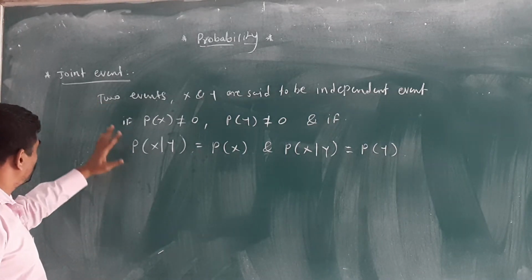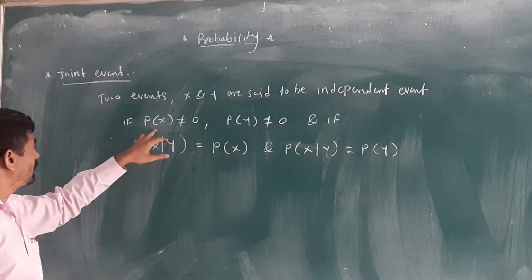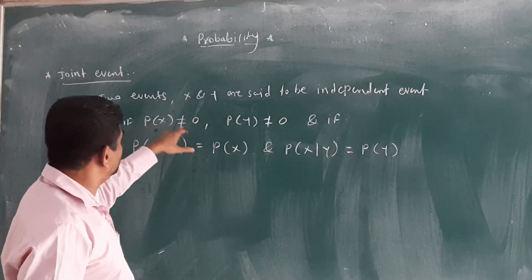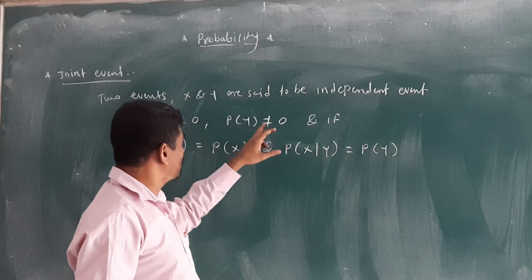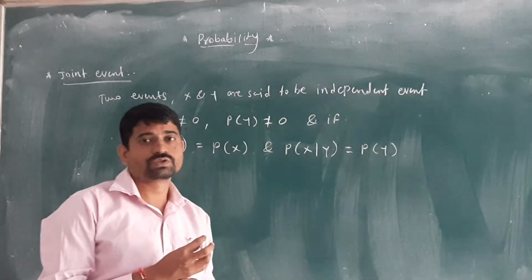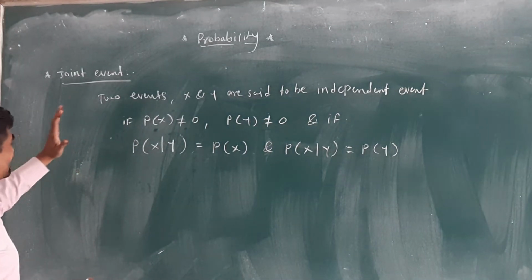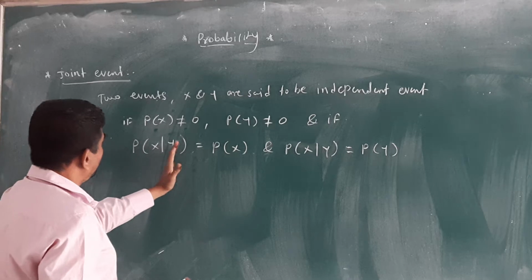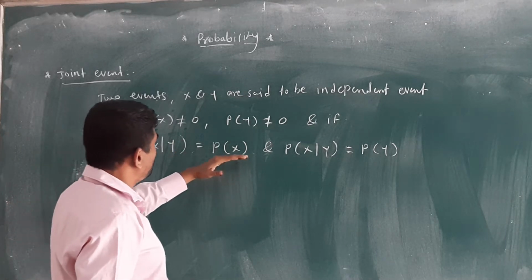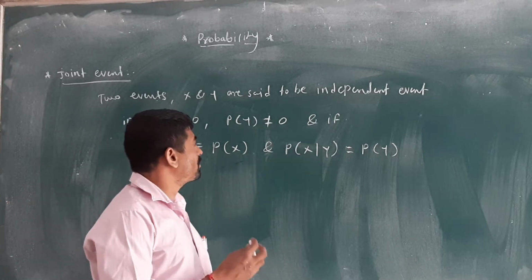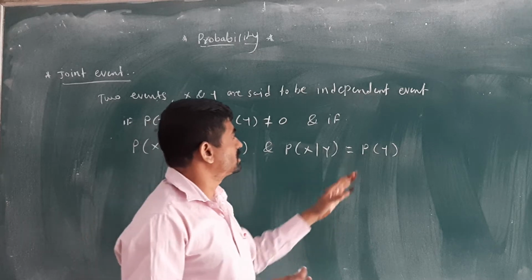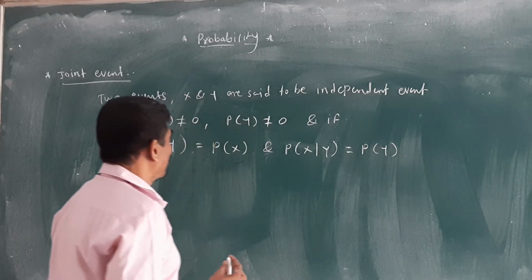There are two different conditions: if the probability of X is not equal to 0 and the probability of Y is not equal to 0, and if the probability of X given that Y is equal to the probability of X, and the probability of Y given that X is equal to the probability of Y.